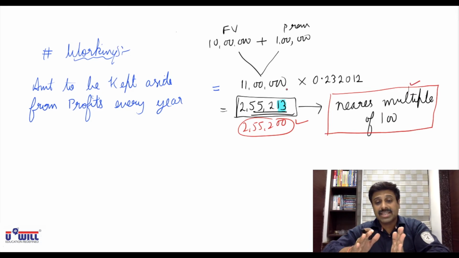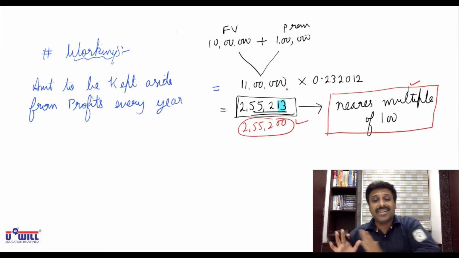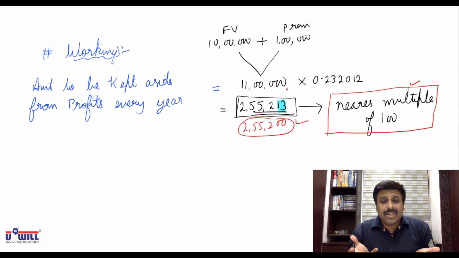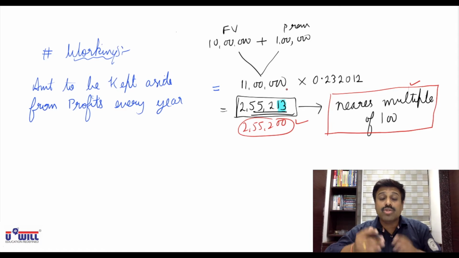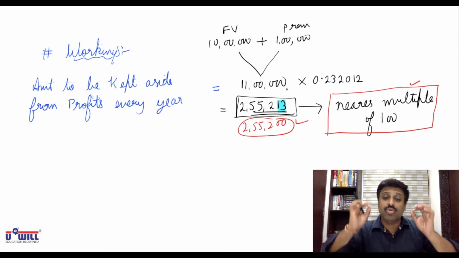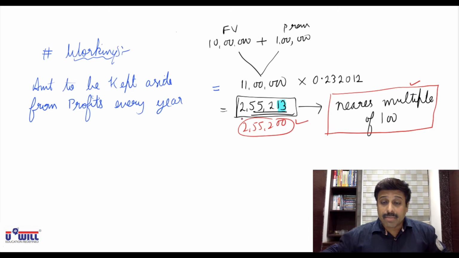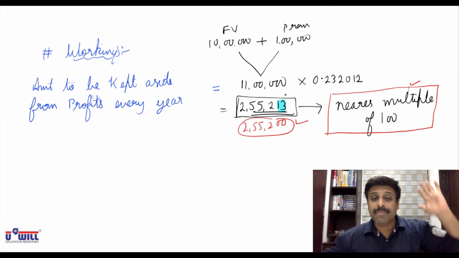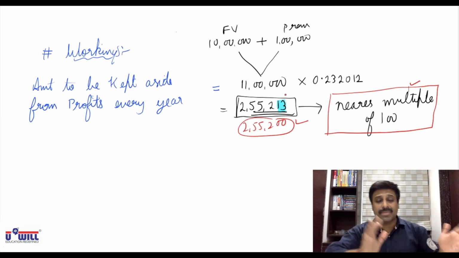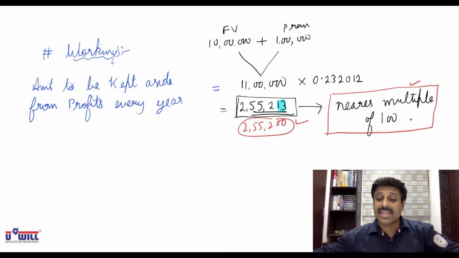So if we keep aside 2,55,213, who makes such odd investments? 213 rupees, 3 rupees, who is going to invest separately? So it is given as per the company's policy, you invest in multiples of 100 only. Because it is 213, you'll invest 200. If in any year you have 253 rupees, then you invest 300. So some years it will go less, some years it will go more. But we will always make investments in multiples of 100 only.